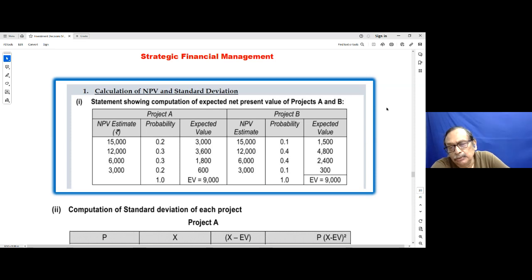Hence, we should go for calculating the standard deviation. And another concept is the coefficient of variation, that is standard deviation by mean into 100.